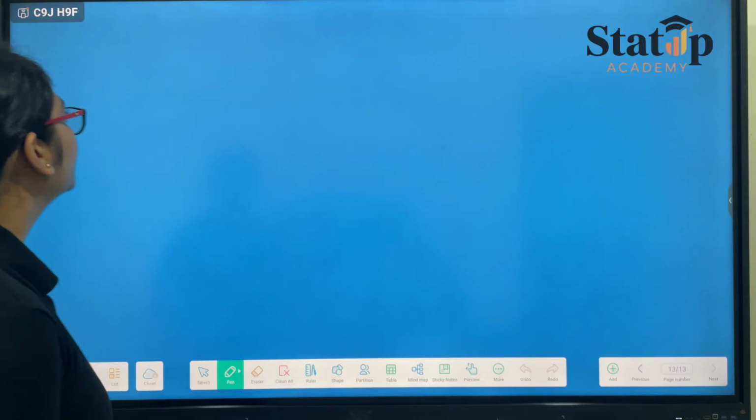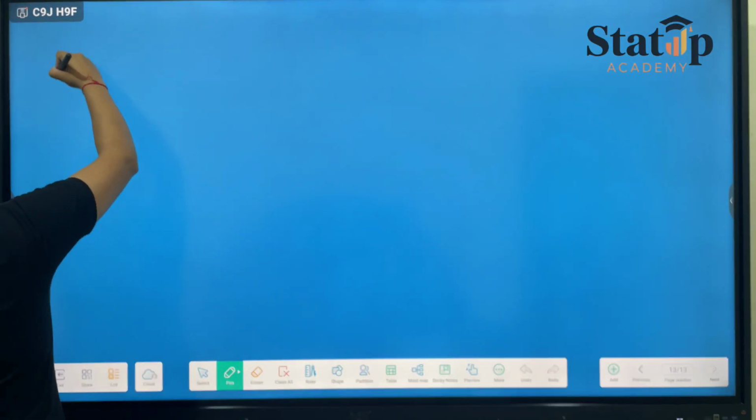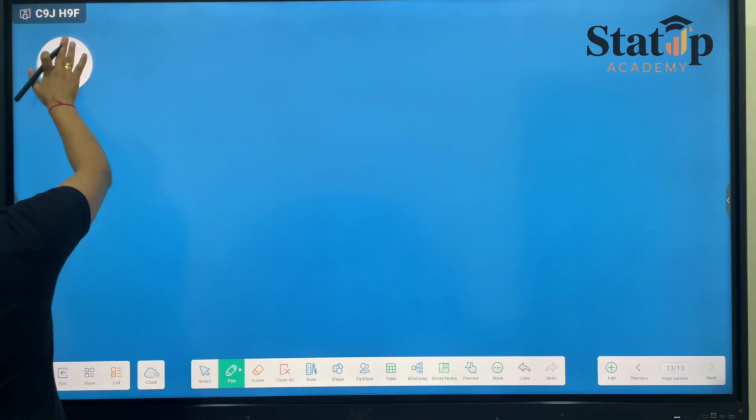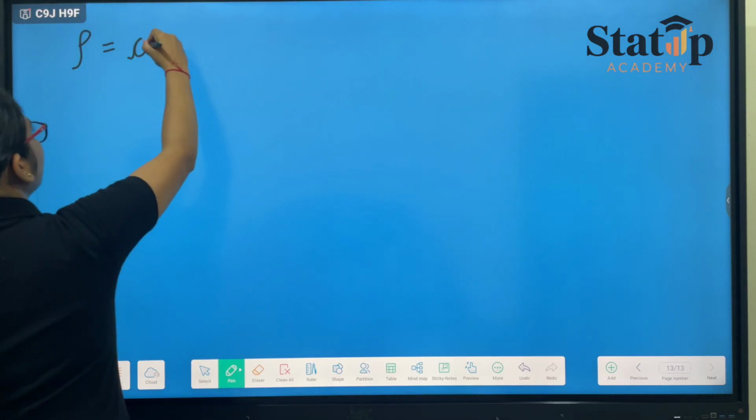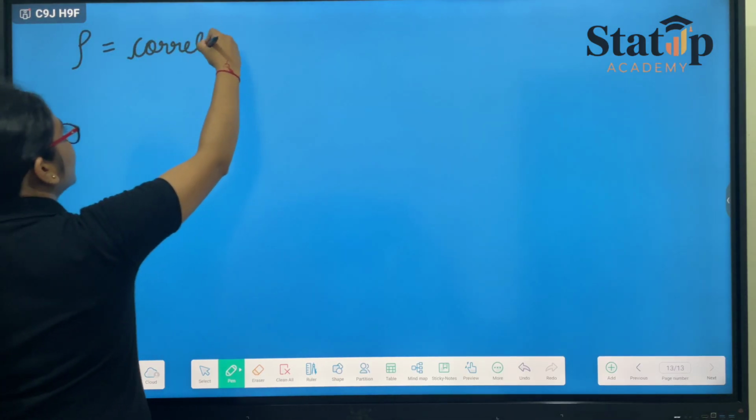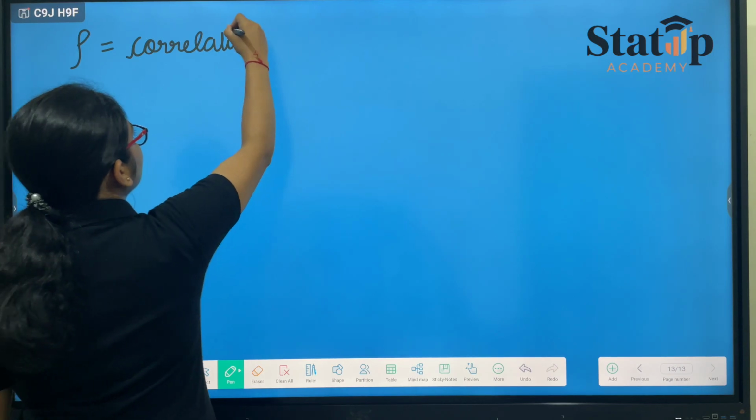So, for Q, we know that rho is nothing but the correlation coefficient. We all have learnt about what is correlation coefficient.